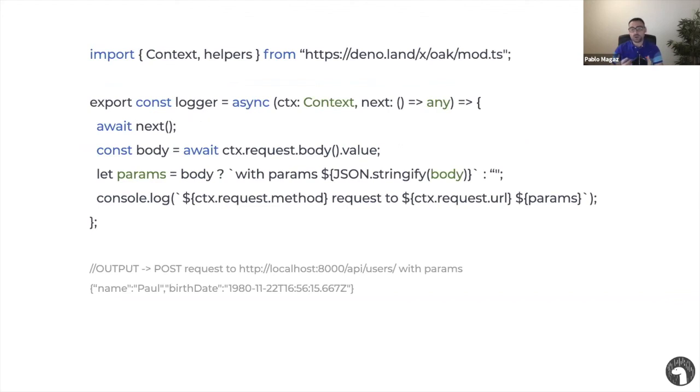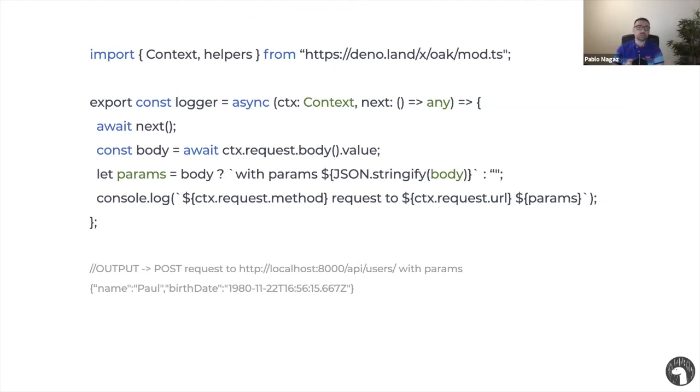We want to display as well the HTTP method. And in the case there are some params on the request, we want to display those params, taking them from the body. Very simple, right? It's the classic logger. The purpose in here, as I said, is to display all the requests in the console.